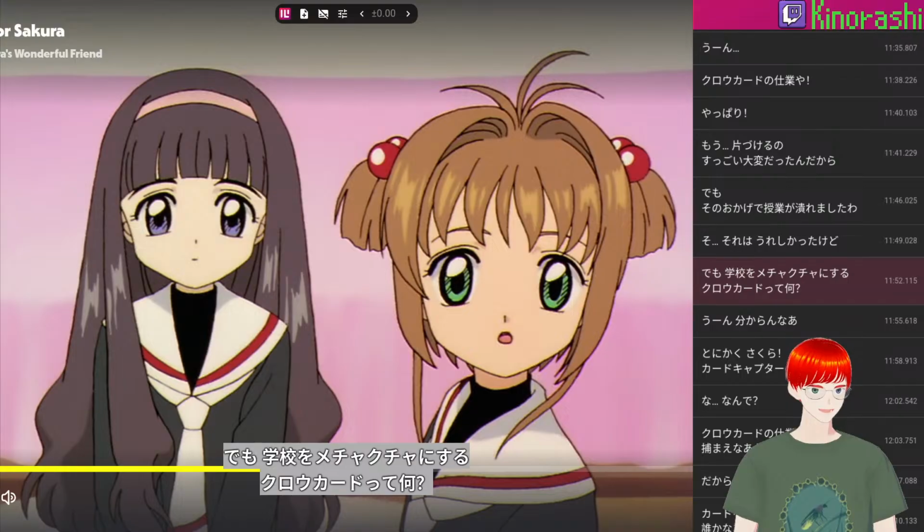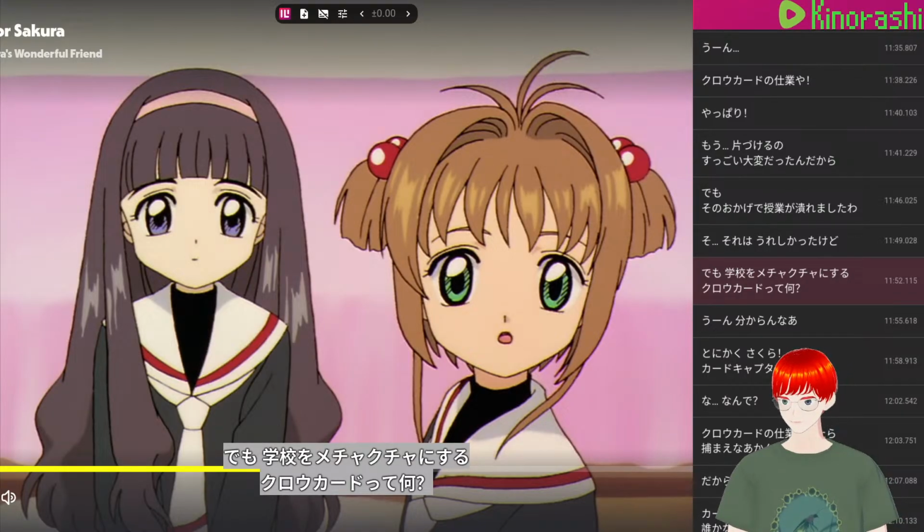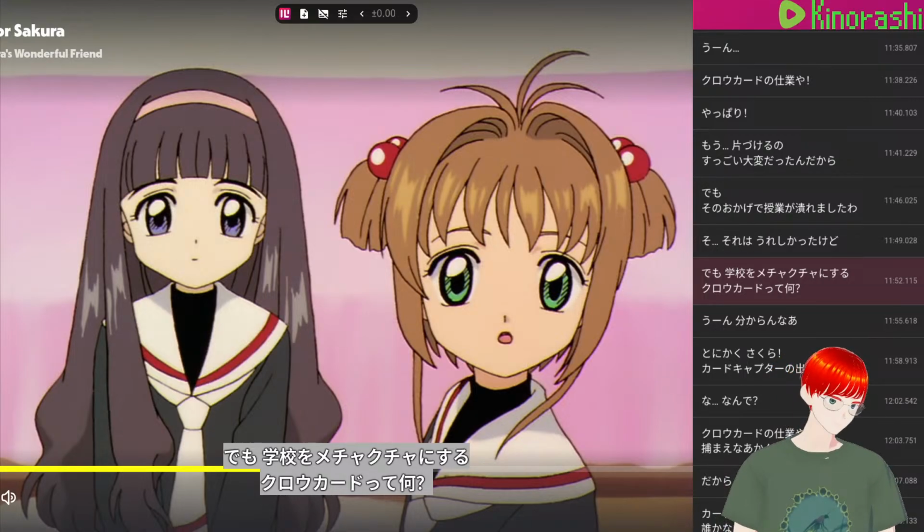Explain the grammar behind mecha-kucha. It is not a grammatical construct itself, but rather a standalone adverb or adjective derived from the Japanese language. Okay. Explain the origin is probably better to get an idea if it's made of components.